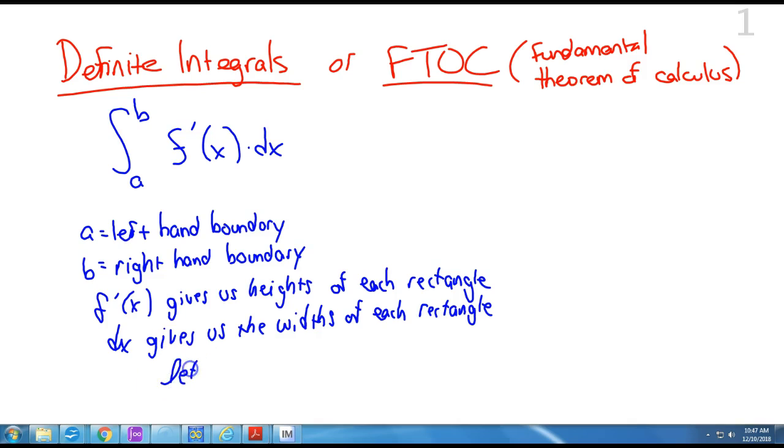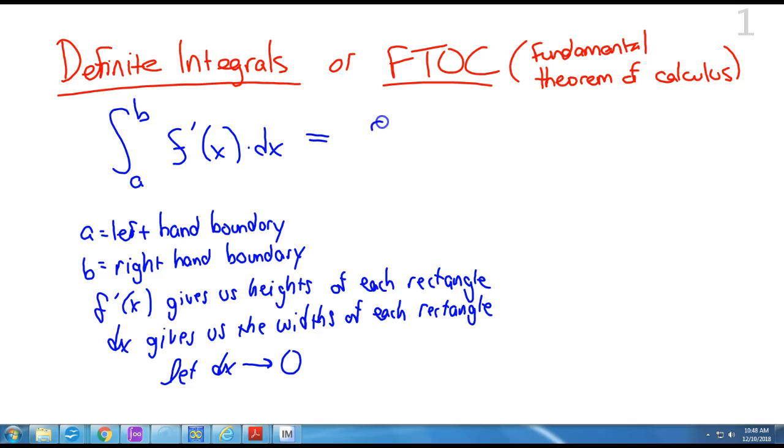And then we let dx approach 0. It'll never be 0 because if the base of your rectangle is actually 0, you don't really have a rectangle. But it's going to be so small that it might as well be 0. Then we have an infinite number of rectangles. So we solve this, and what it finds for you is that you're going to integrate f prime of x. So if I integrate f prime, what do I end up with?